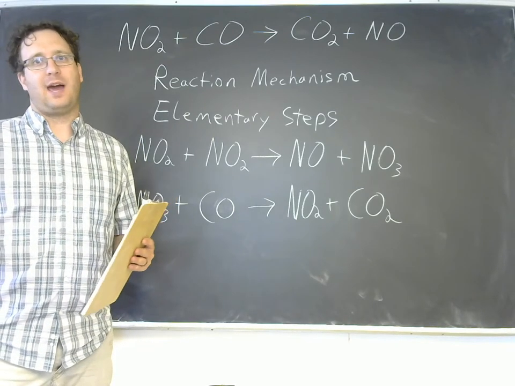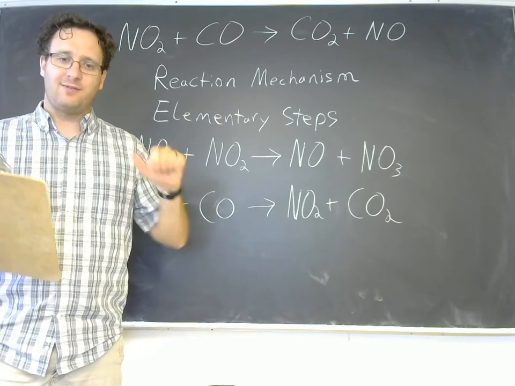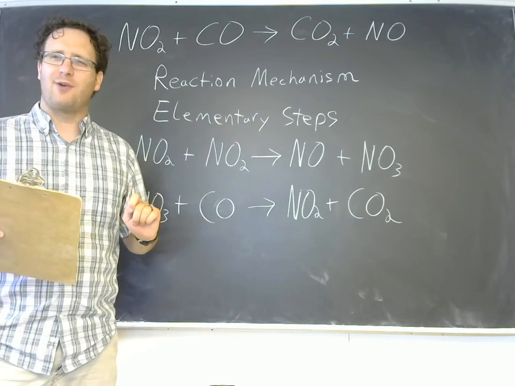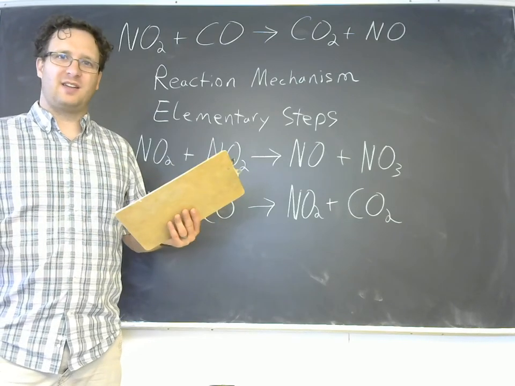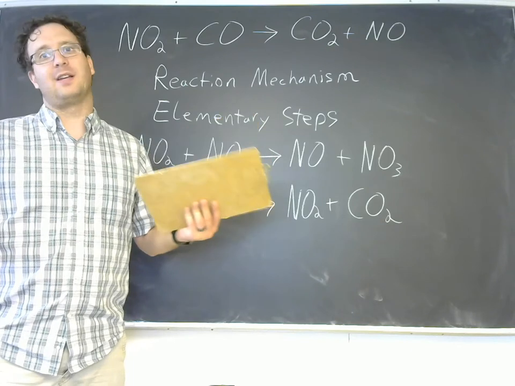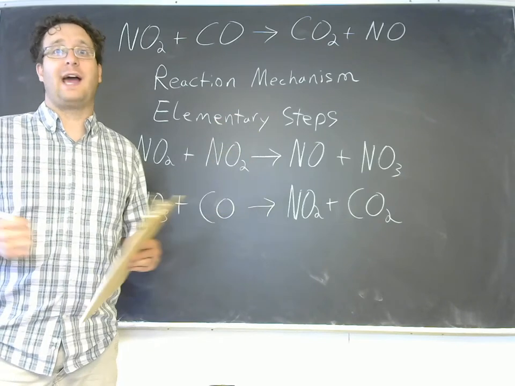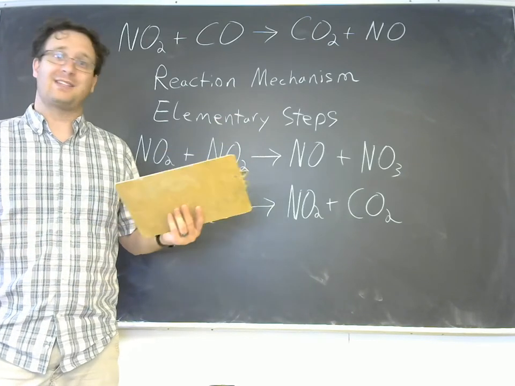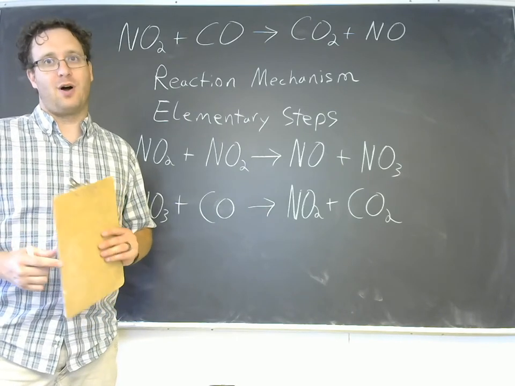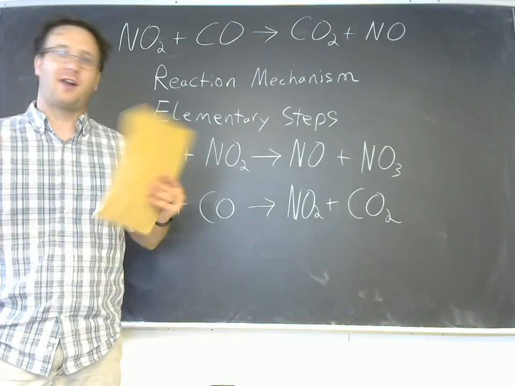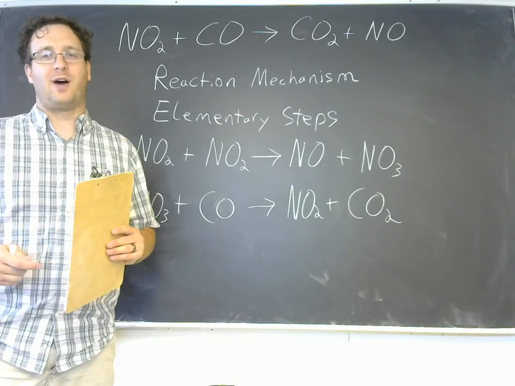We need to have some tools to figure out whether a reaction mechanism is valid or invalid, so we can immediately throw it out if it's invalid in some way. And then if it's valid, can we find some evidence to support it? We'll never be able to prove a reaction mechanism outright because we can't actually watch the molecules in action. But we can build a very strong case for a reaction mechanism if we're careful to think about the consequences and the evidences that we can find for that mechanism.